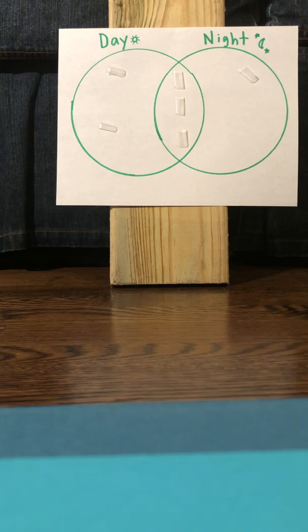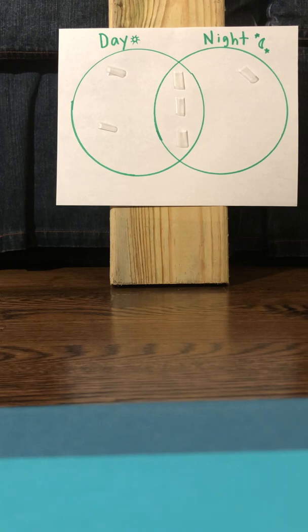And when the day changes into night, the sun goes down, and what comes up? You're right, the moon comes up. So keep that in mind as we're thinking of the things that we might do during the day or during the night. I want you to turn to someone in your house and tell them something you like to do during the day.